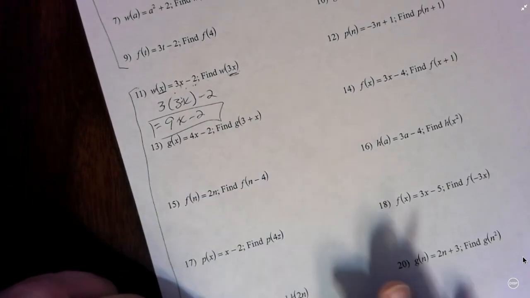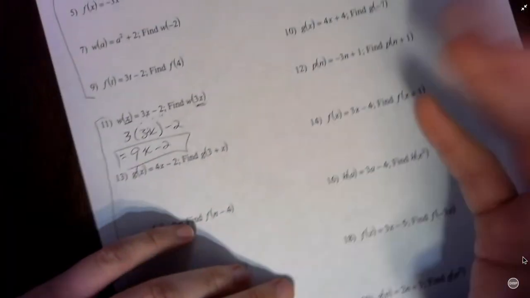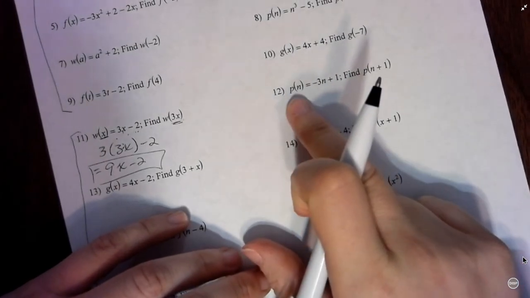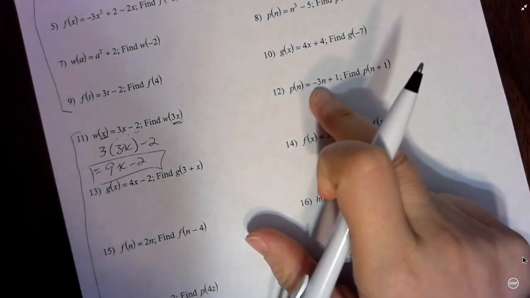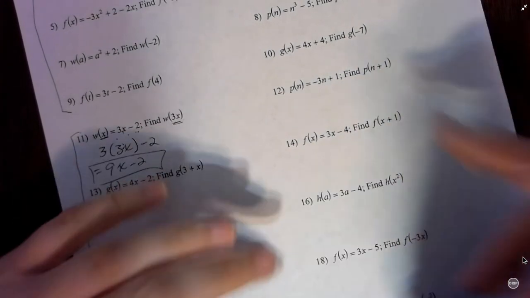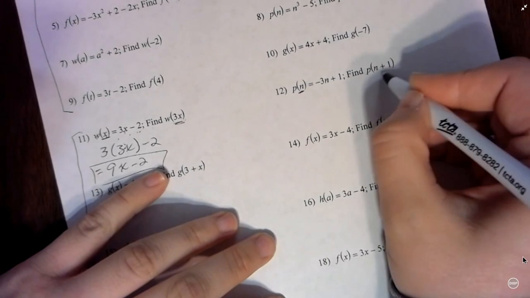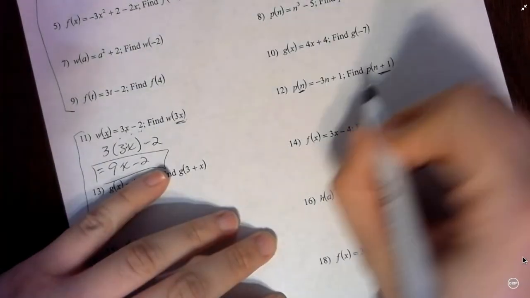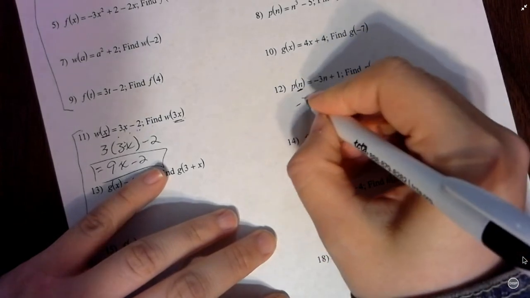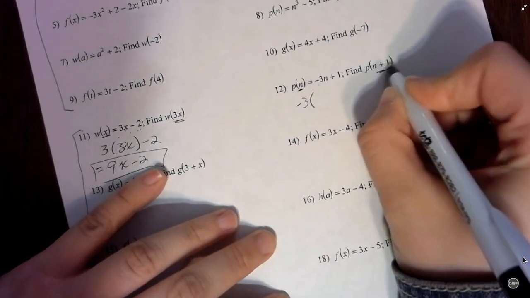So that's what it would look like. Or let's find another one. Let's just do 12. So I have p of n equals negative 3n plus 1. And I want to find p of n plus 1. So I'm replacing n with n plus 1. So instead of negative 3 times n, I'm going to have negative 3 times n plus 1.